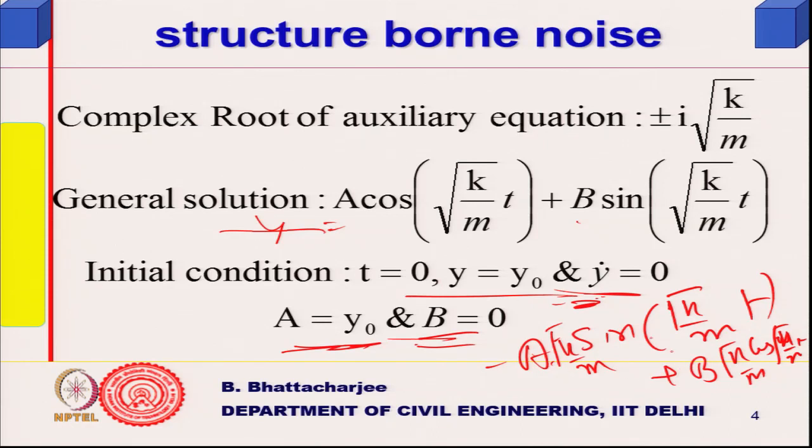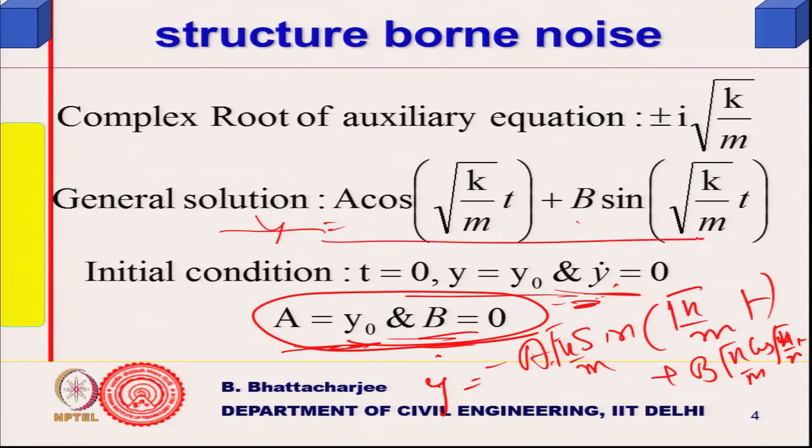So, at t equals 0, y dot is also equal to 0, so b will be equal to 0, right. This is the general solution y equals this, and then I put the first differential dy by dt equals 0, then I get b equals 0. So, a equals y 0, b equals 0.